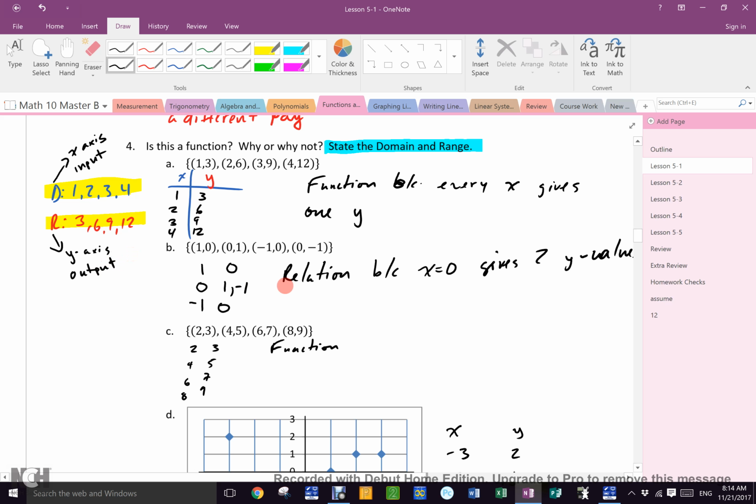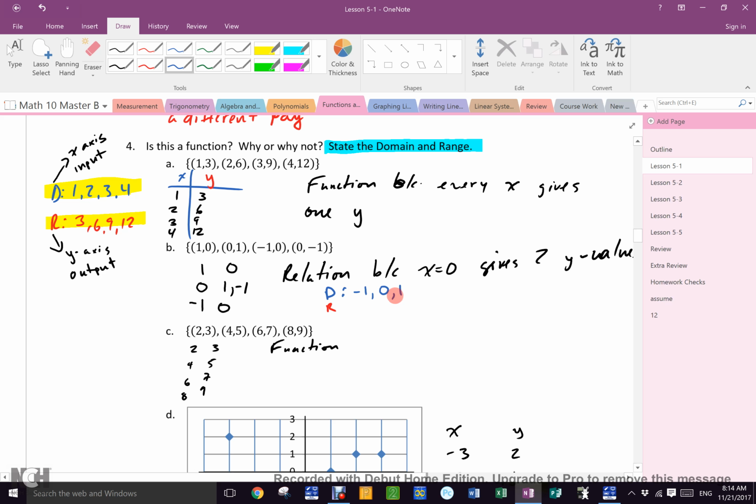So we came down to this second one here. And what were our domain values, which I'm going to do in blue, and my ranges in red? What were my domain values here? Put the littlest one first. -1, 0, 1.